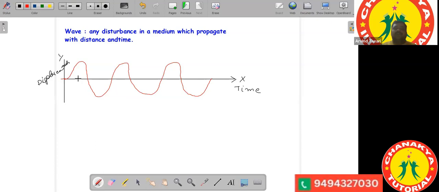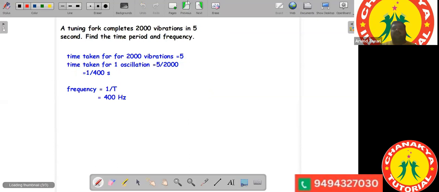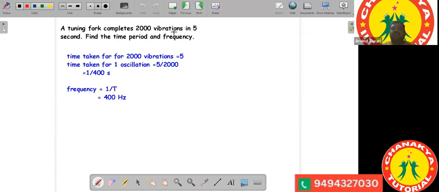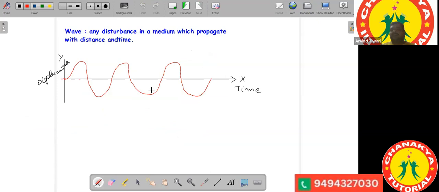Okay. So if the particle is from the mean position, it goes up and then comes down. Again goes up, again comes down. Just like the pendulum, if you see the pendulum, first it goes towards right, then comes towards left, goes negative, again goes. So in this way it is moving. So this type of motion is represented by this graph.